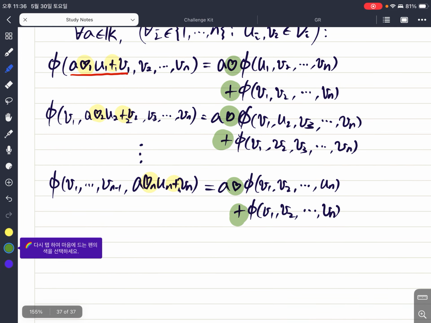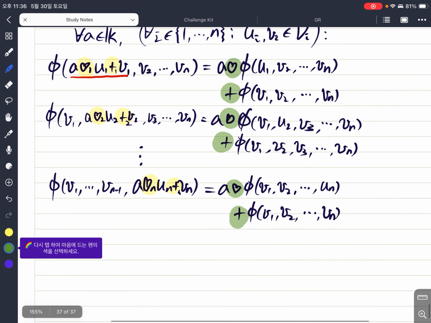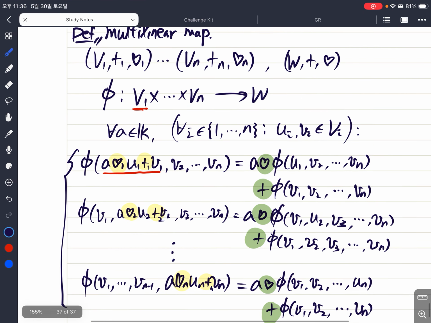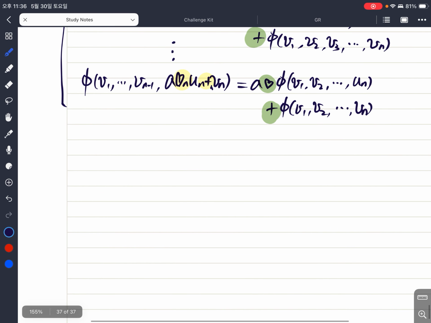So now we know how the operation changes by the map. If the map satisfies this relation, it is called multilinear.